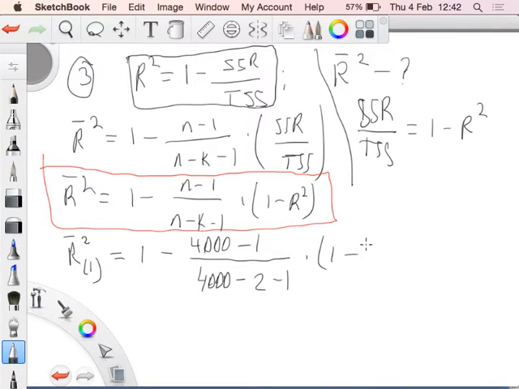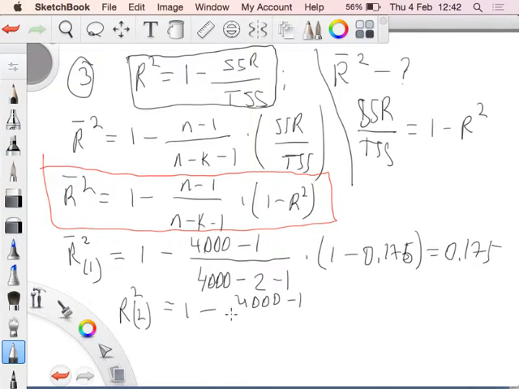What is R squared for the first column? 0.1756, sorry. That's the result. For the second equation, 1 minus 4,000 minus 1 over 4,000 minus 3 minus 1. Now we have age as additional, so k is 3 now.